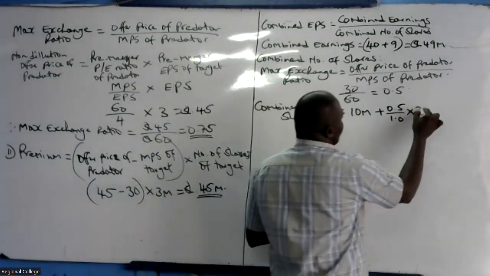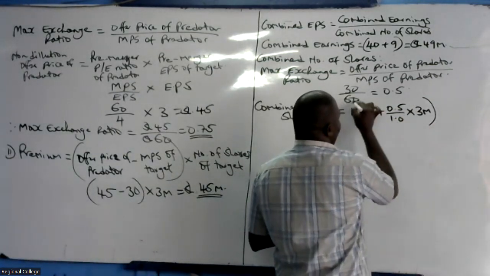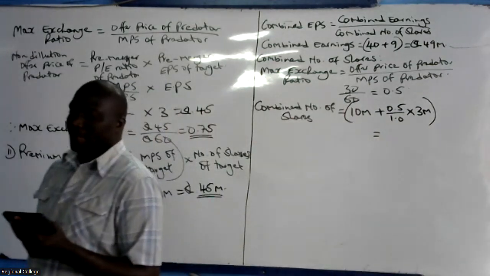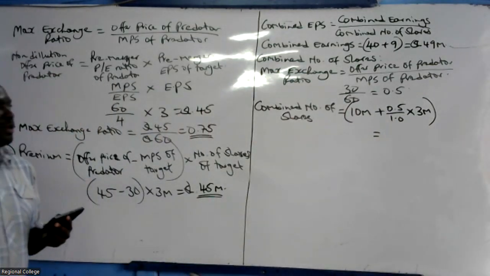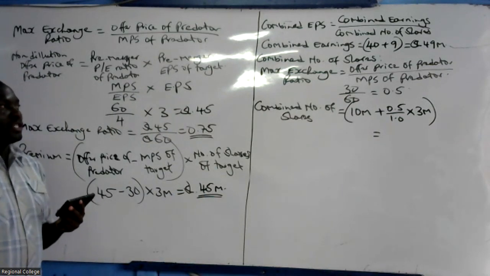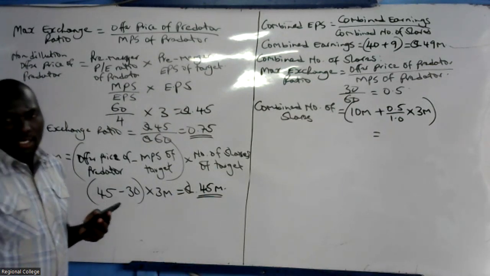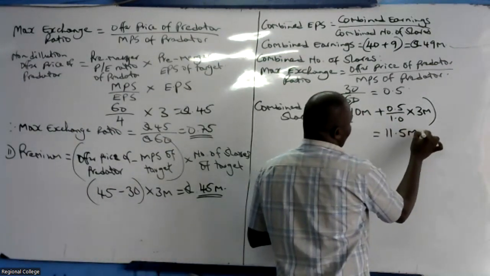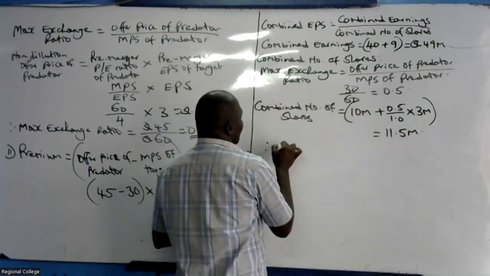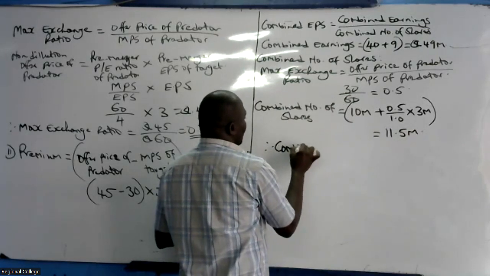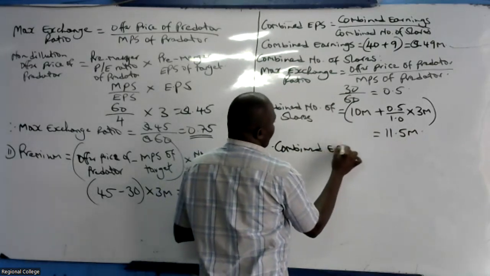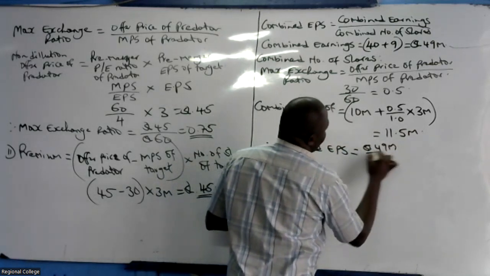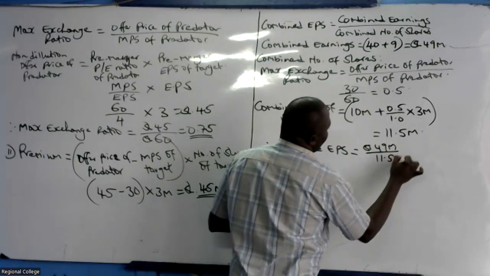Out of 3 million. 0.5 for everyone, so the new shares will be 1.5 million. So combined number of shares equals 11.5 million. So therefore, combined post acquisition EPS: the combined earnings of 49 million divided by 11.5 million.